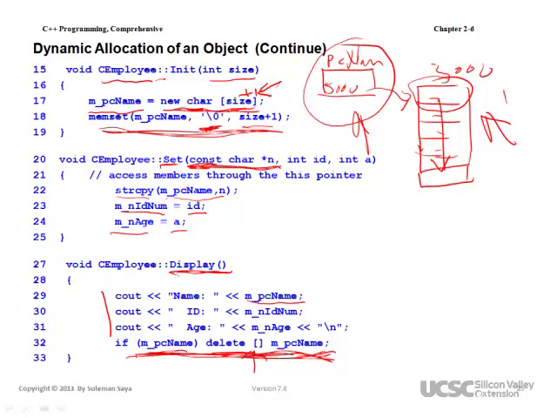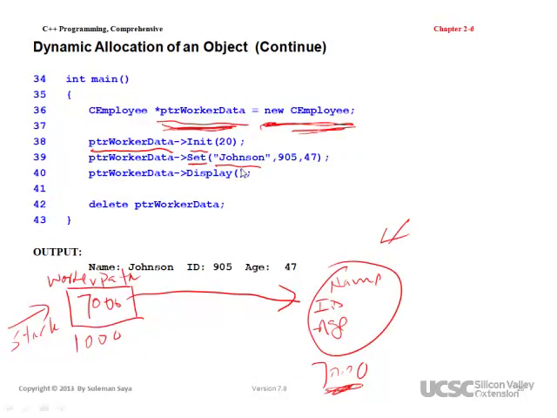So const char star n. We have to do that because we are passing this constant string in double quotes. And then the next one is an ID, and then the last one, 47, is an age. So it will initialize all these data members with this data.